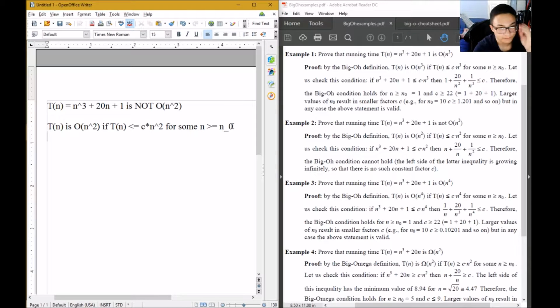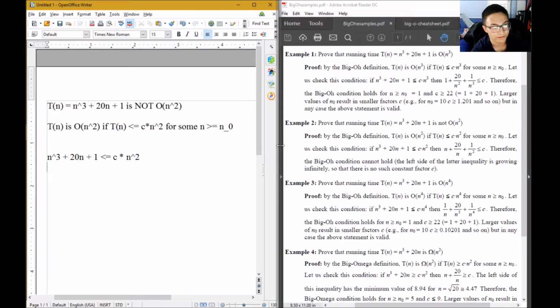So if you see here, T of n is equal to this, so let's plug in T of n. n cubed plus 20n plus 1 is less than or equal to c times n squared. So now we have our proof, or just a check, I guess.